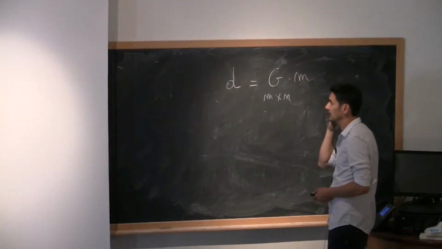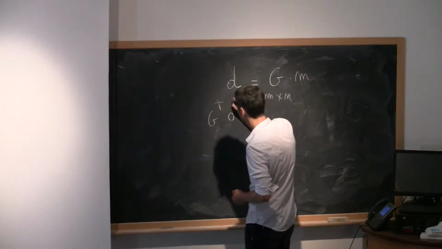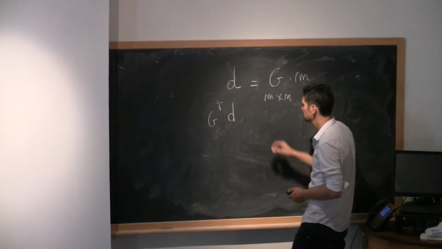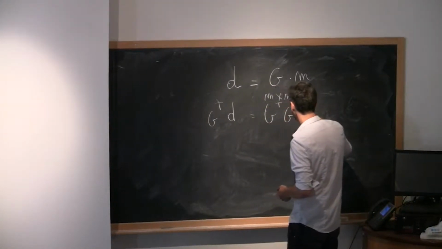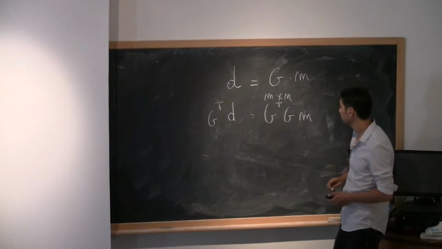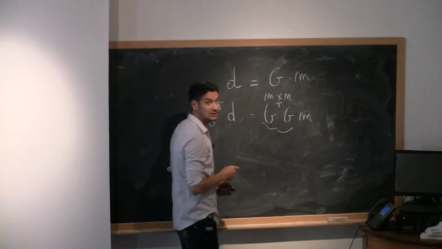So the way you can think about inverting it is that the solution of the least squares problem is to left multiply by the transpose of G. Then you end up with the so-called least squares solution, which is this one. Now this matrix is square, and you can invert it.